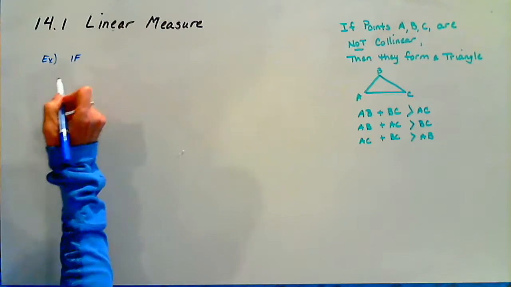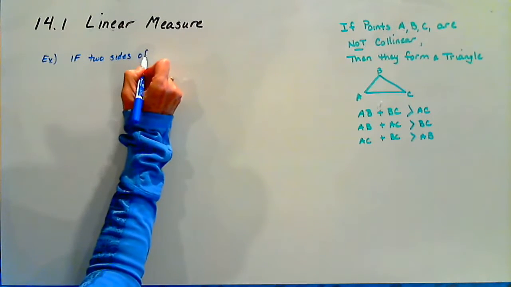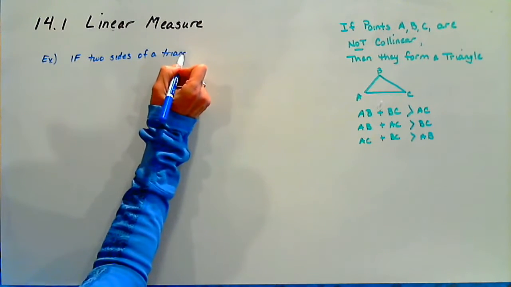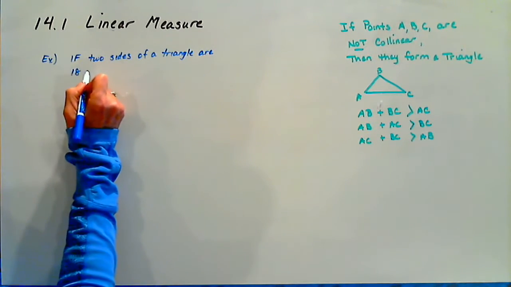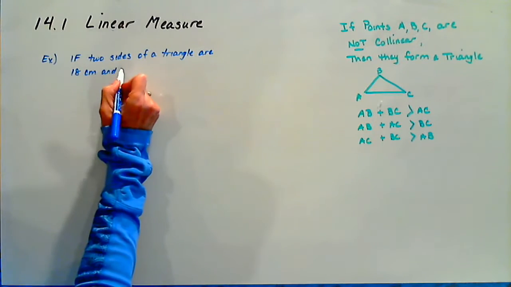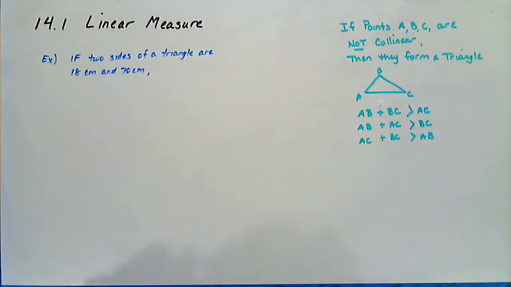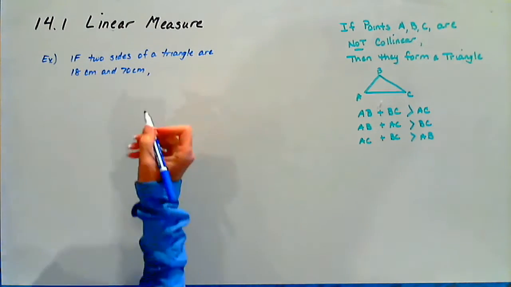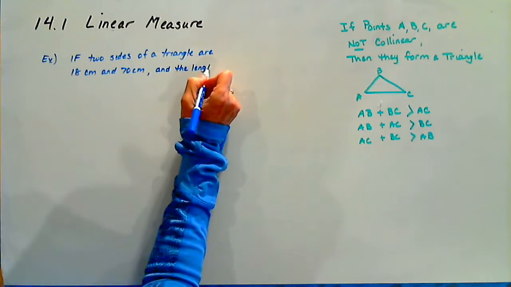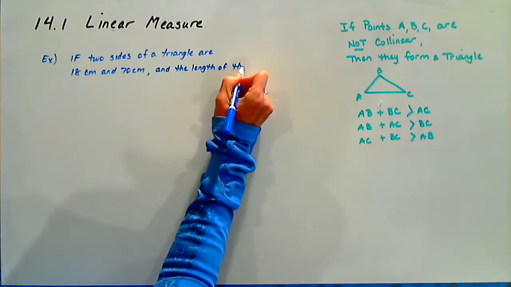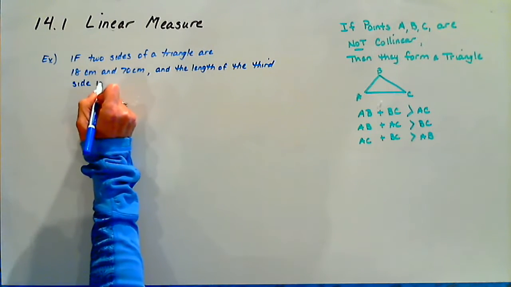If two sides of a triangle are 18 centimeters and 70 centimeters, and for ease for this first example, let's make sure everything's a whole number, and the length of the third side is a whole number.